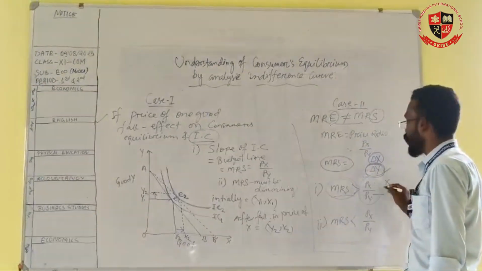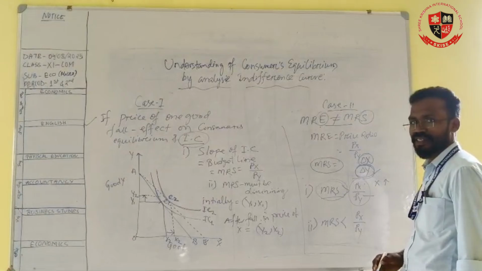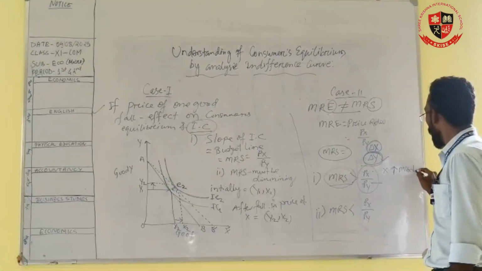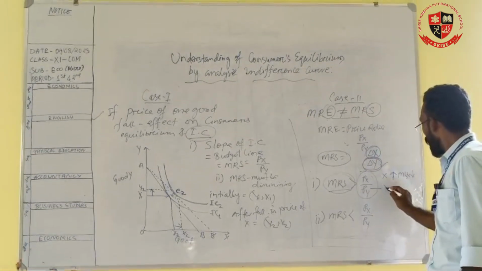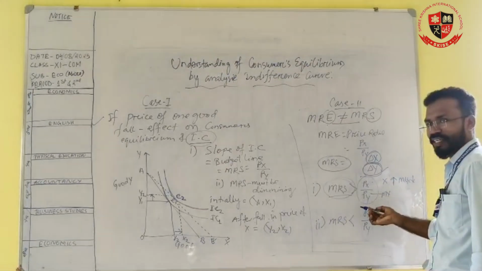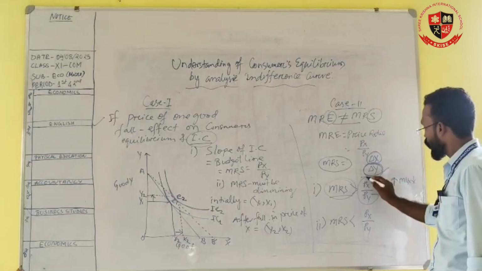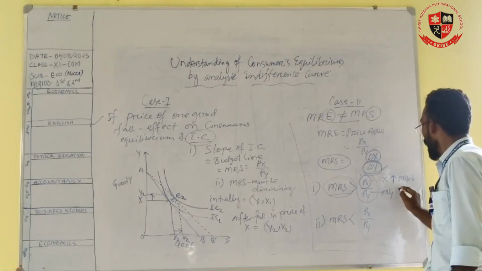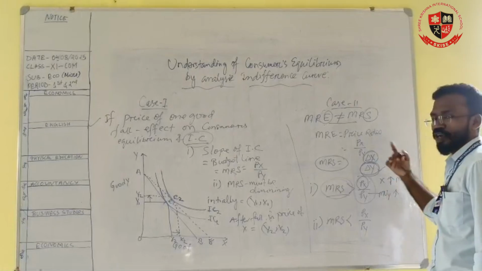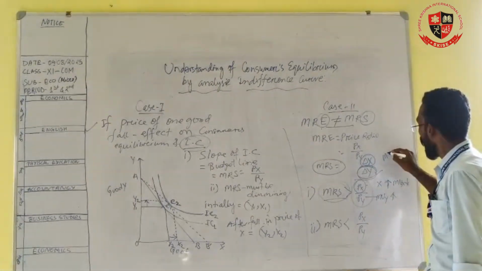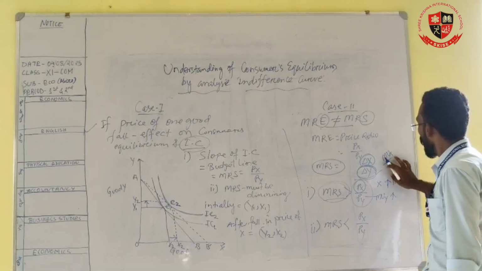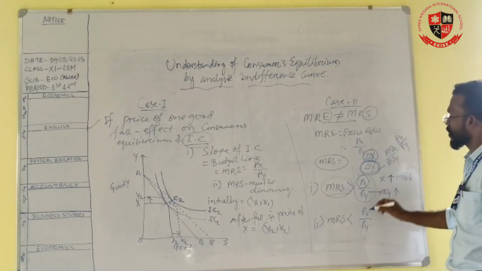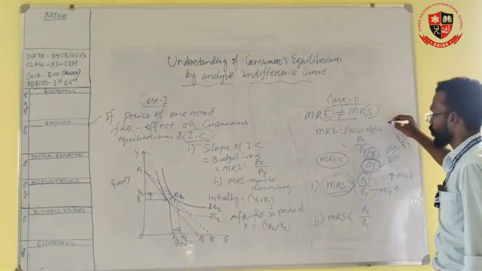Here the consumer will try to consume more of X. When he consumes more of X, the marginal utility of X will decline, while the marginal utility of Y will increase, and the consumer will attain a point where the marginal utility of X to the marginal utility of Y equals the price of X to the price of Y, after a certain period of time.